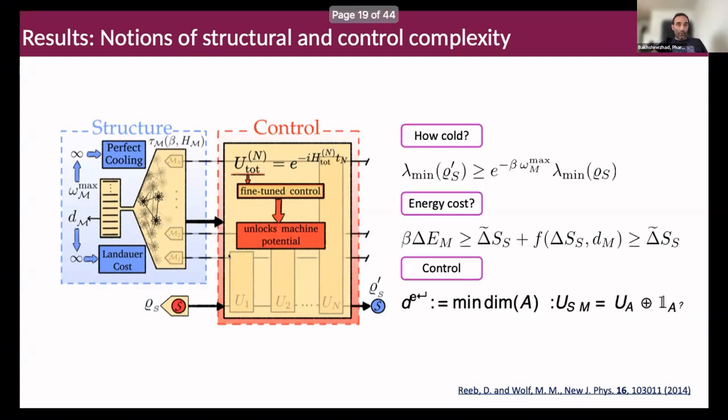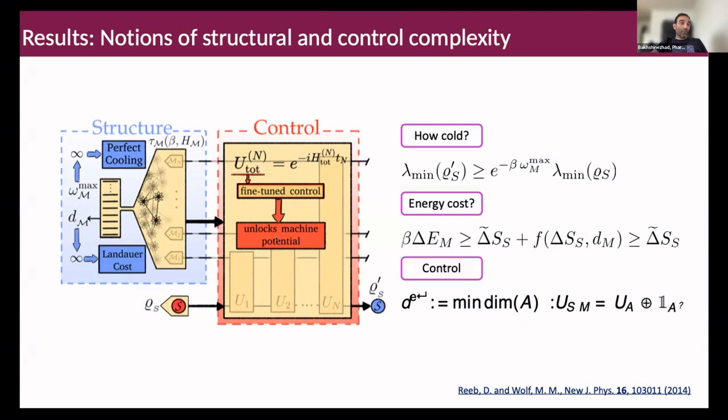Here you can see some parameters that play a role in cooling. For example, the maximum energy gap of the machine plays a role, and it tells you how much you can cool the system. If you look at the energy cost, you have the Landauer cost plus some term related to the dimension, and by increasing the dimension, this term would vanish.